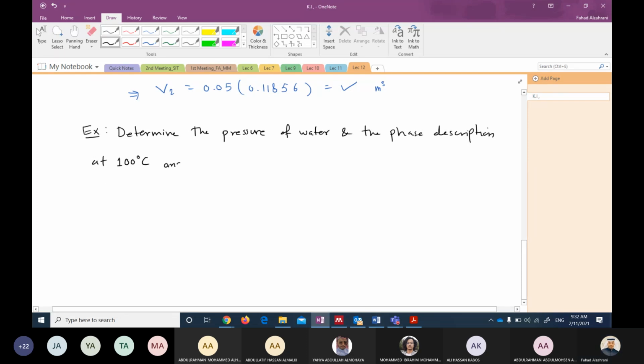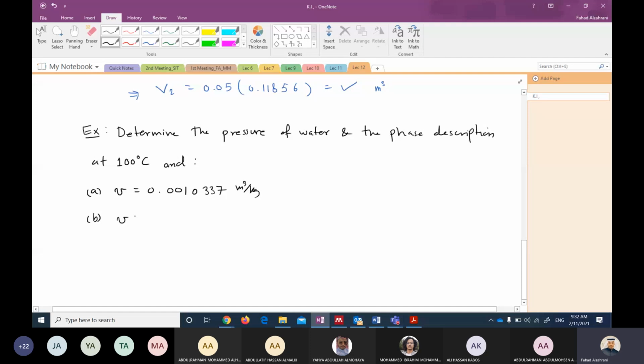And the second property, I have 3 different choices for the specific volume. The first one, at 100 degrees Celsius, is 0.0010337 meter cube per kilogram.